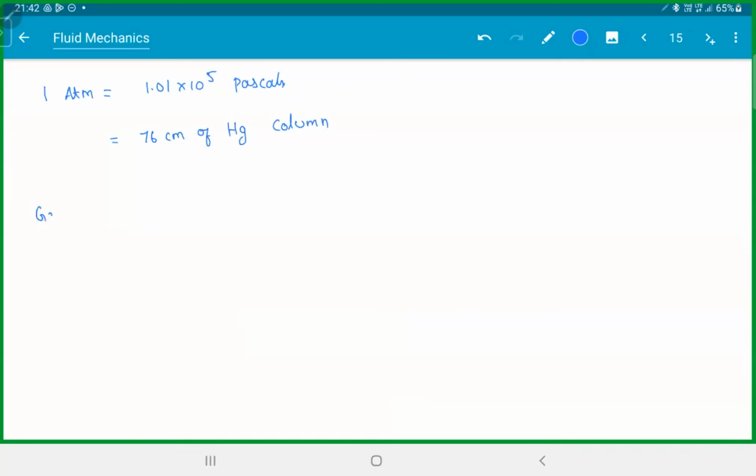Then we also define something called gauge pressure. What's gauge pressure? Actual pressure of the gas minus atmospheric pressure. Did you ever go to a petrol pump, where they measure the air pressure in tires? When you put the device to measure the pressure in your tires, in this device there's a membrane.